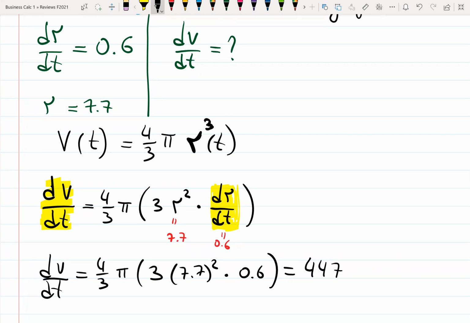The volume is changing at the rate of about 447, and now you have to choose the units. Guess the units without a list. Do you know what the units are? Volume is supposed to give you a hint. Volume is measured in what? Cubed, isn't it?